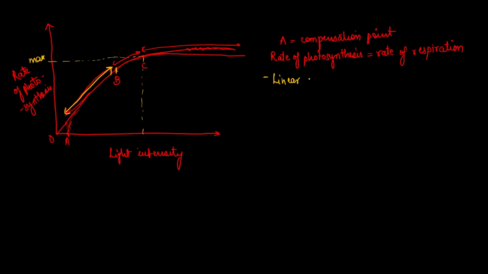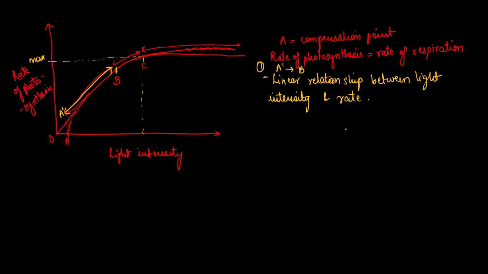If I call this point A dash, then from A dash to B we are seeing a linear relationship between light intensity and rate.